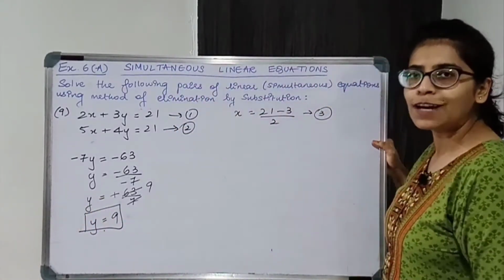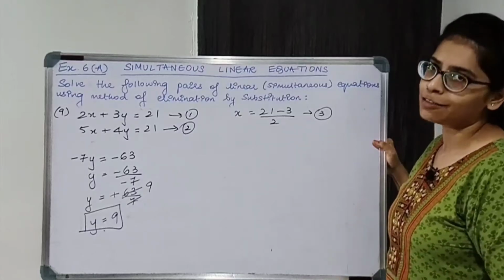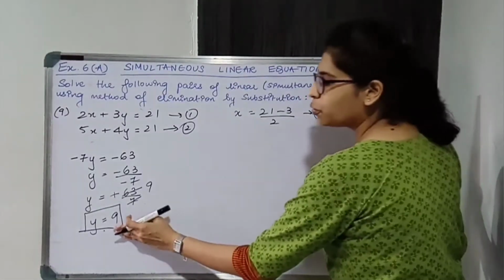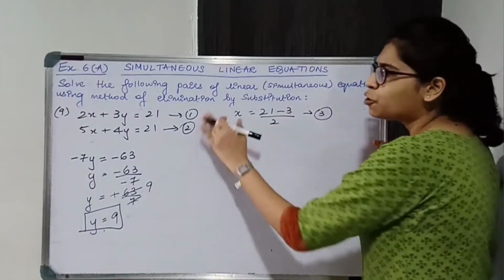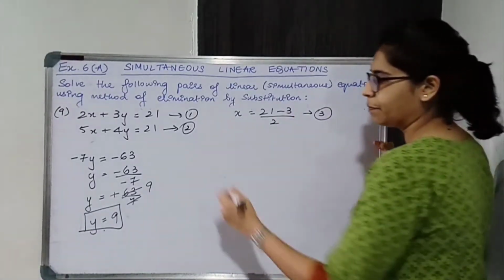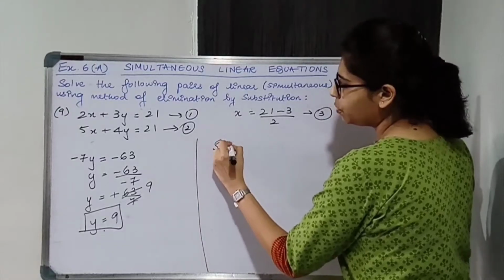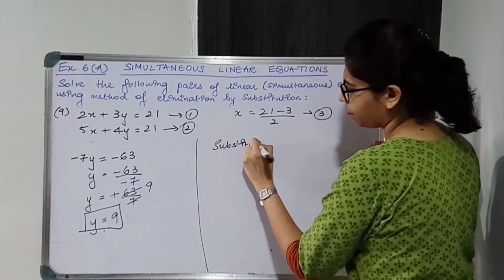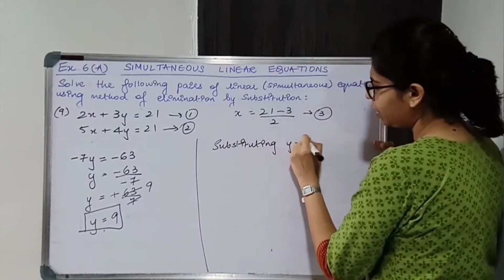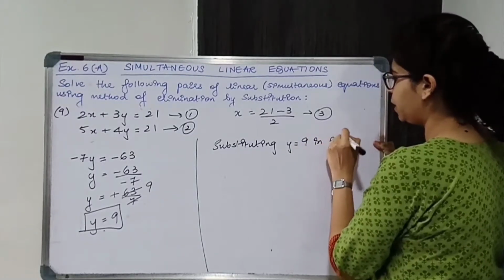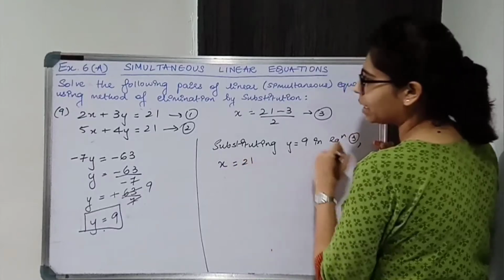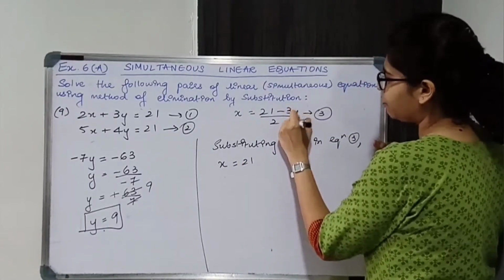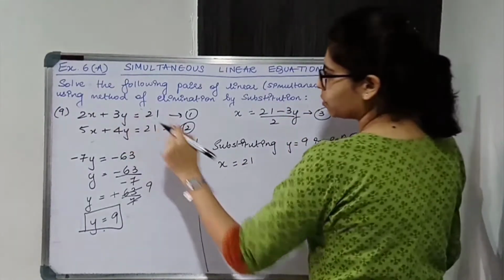Alright, we found the value of y. Now we need to find the value of x. So we'll substitute the value of 9 in equation number 3. You can substitute in 1 or 2 also. Okay, so substituting y equal to 9 in equation 3. So x is equal to 21 minus 3y by 2, from this equation.